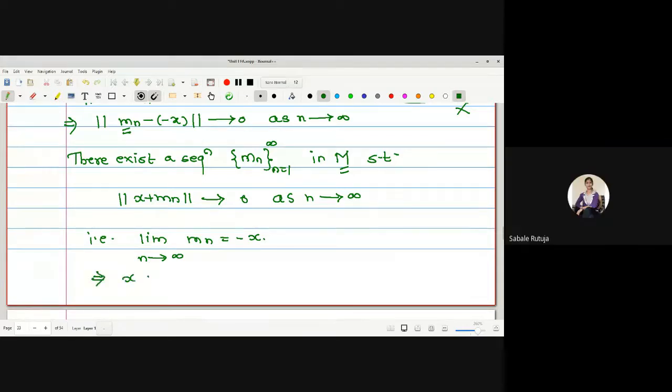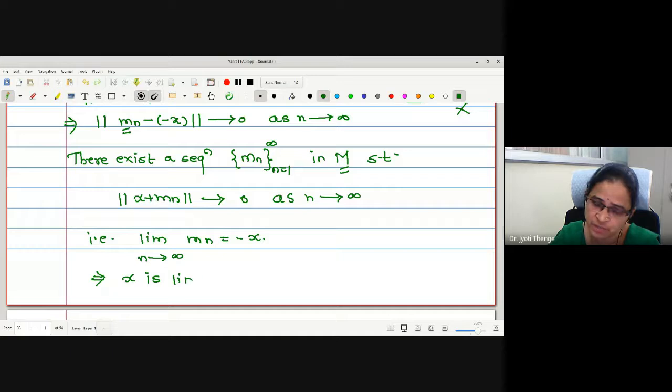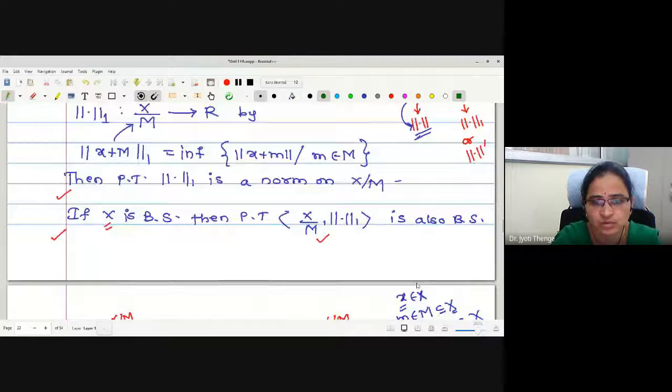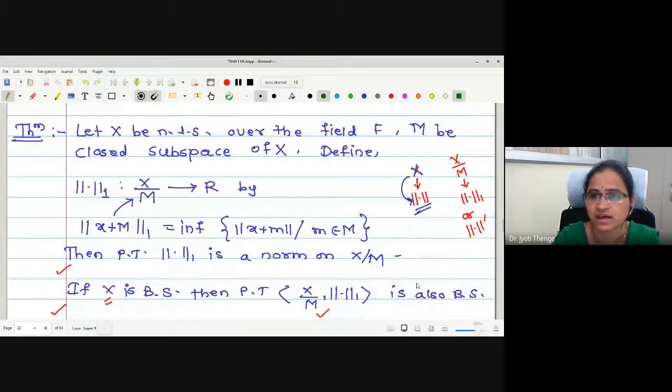Yes, ma'am. But what kind of set m is given to us? Closed, right? Closed subspace m of x. Let me just check the statement. What is m given to be? M be a closed subspace, right?